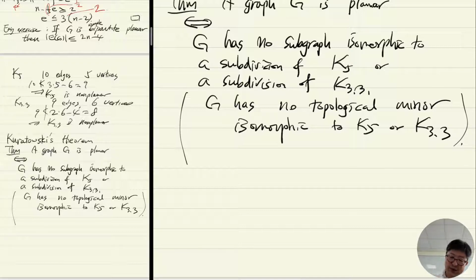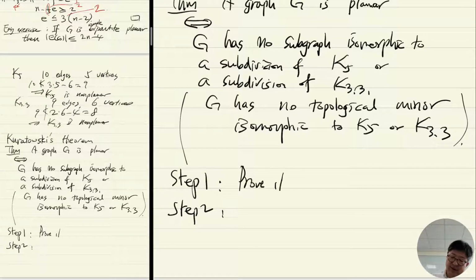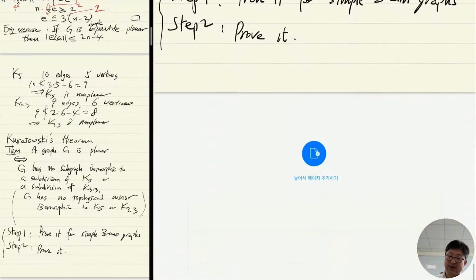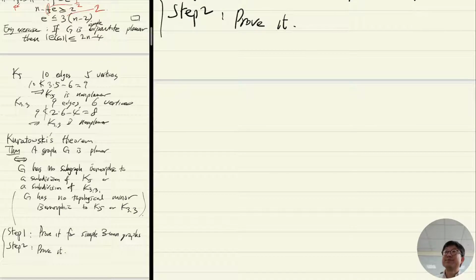Step one: prove it for simple three connected graphs. Step two: prove the remaining, general graphs. Why do we first focus on simple three connected graphs? Because it's easier to deal with because of the structures.